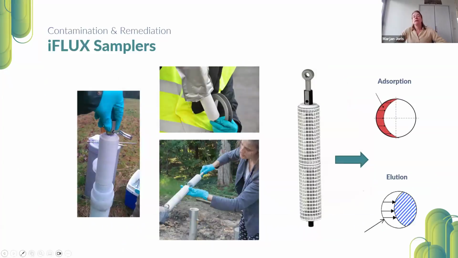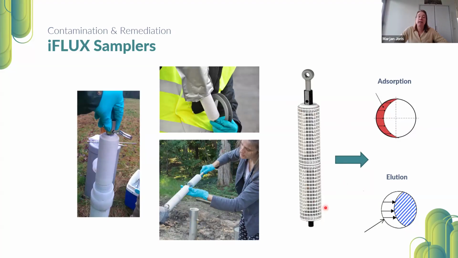How do we measure groundwater and mass flux? Therefore we use the iFlux samplers. Here you see some pictures of the samplers itself, and actually they are cartridges that you can combine at the preferable depth, and you can install immediately in wells which are available on site. There are different types of cartridges. There is one cartridge for measuring groundwater flux.